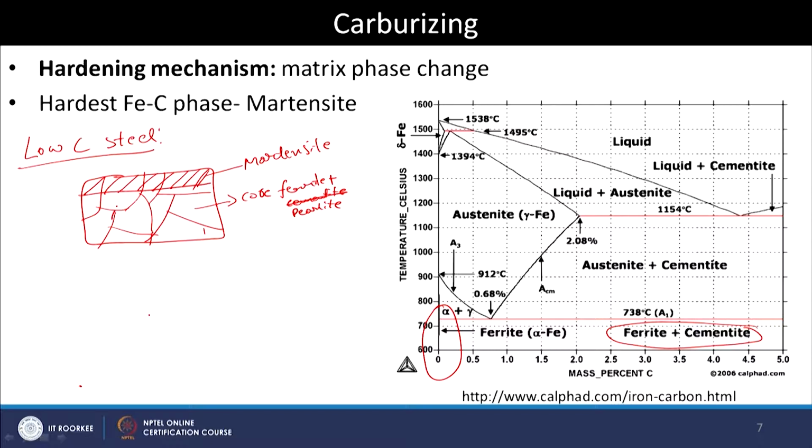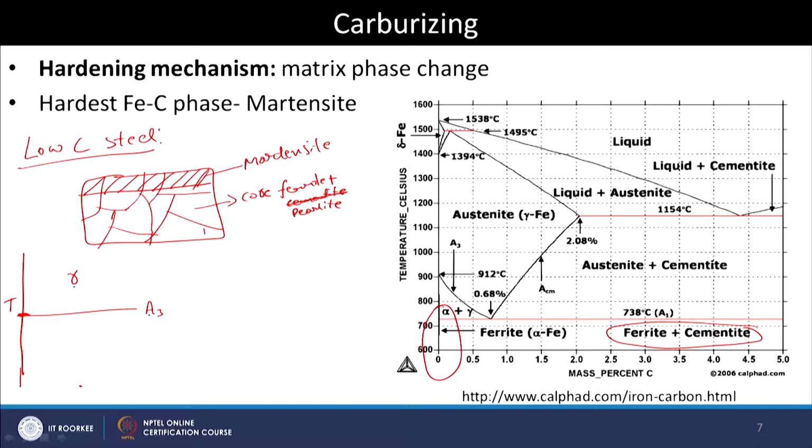So, how can we achieve that? Because a lot of carbon can dissolve in the austenitic phase, if this is the temperature axis, this is the A3 temperature, the temperature above which everything will be austenite, single phase gamma.